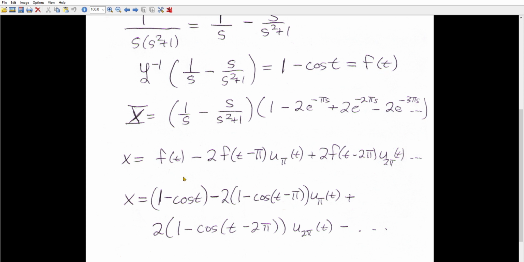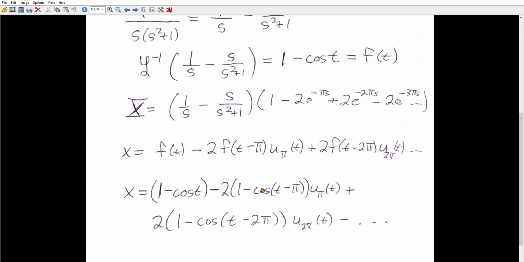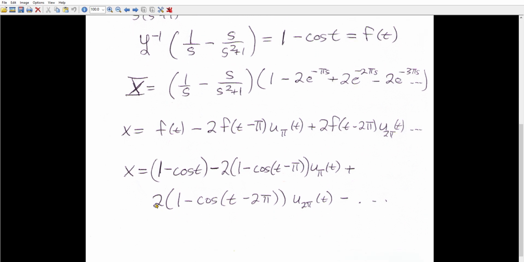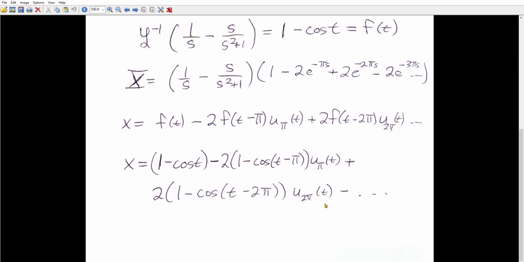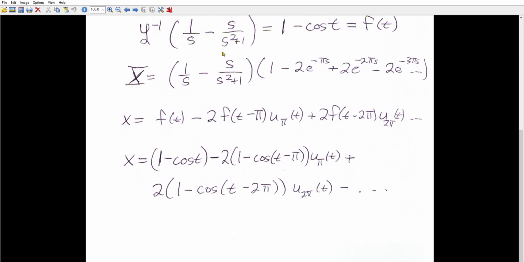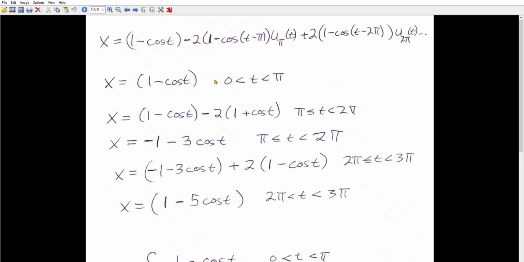So we're going to get a 1 minus cosine t from this term. We're going to get a 2 times (1 minus cosine of t minus pi) u_pi of t plus 2 times (1 minus cosine of t minus 2 pi) u_2pi of t plus dot dot dot. And that's now what's written up here.